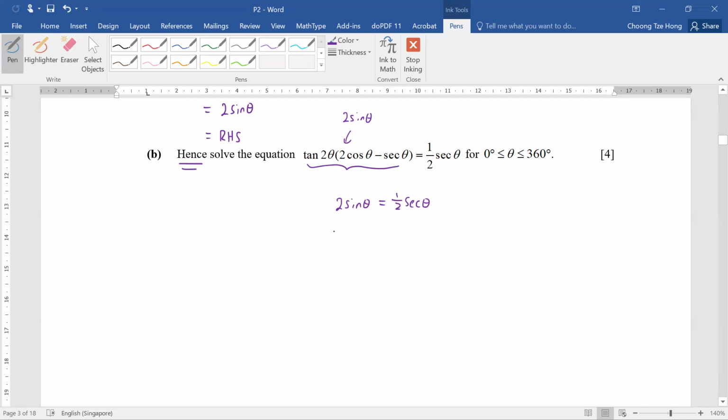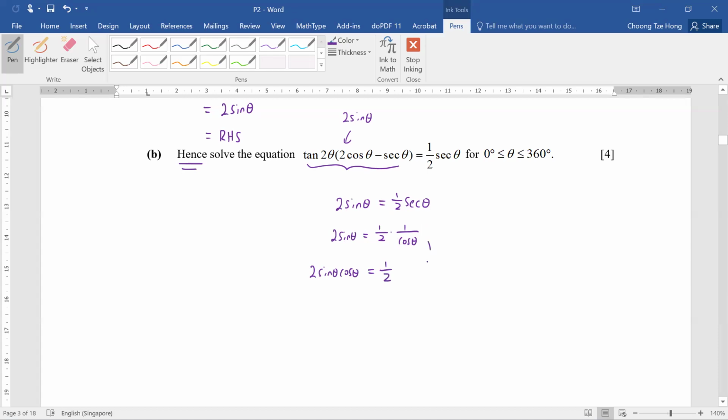Now the left side, there's nothing much that we can do to change anything. But the right side, if you recall, secant is again 1 over cosine theta. Now we can multiply both sides by cosine theta. So we'll be left with 2 sine theta cosine theta equals half.